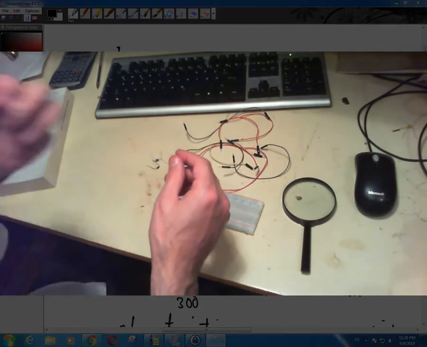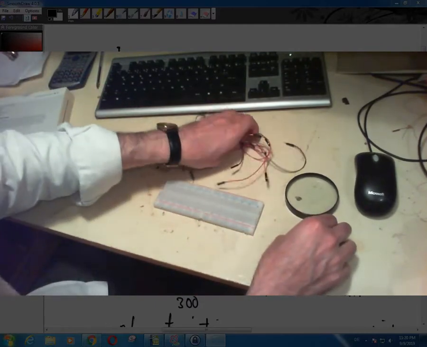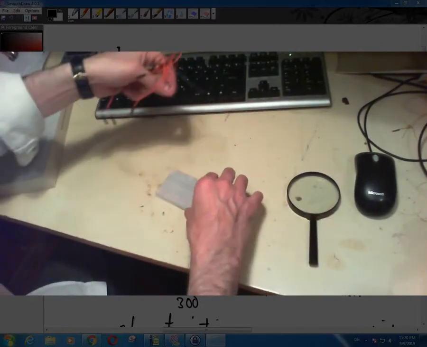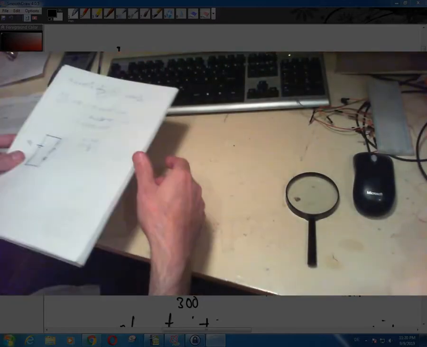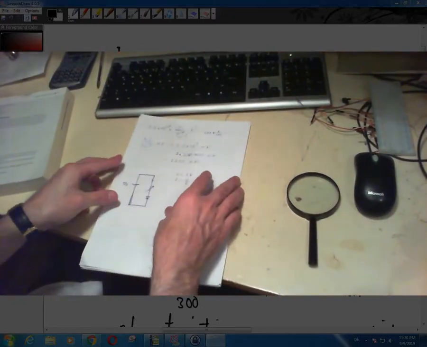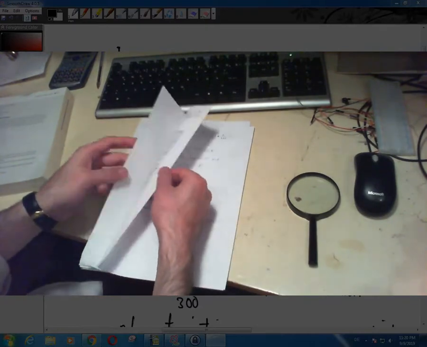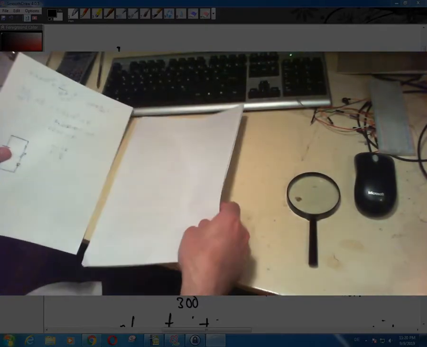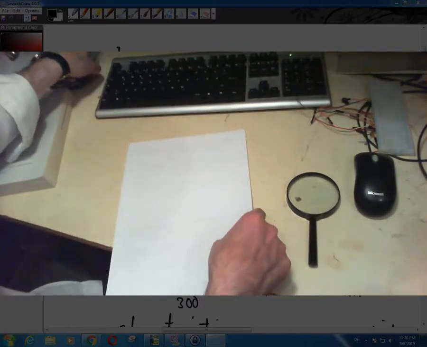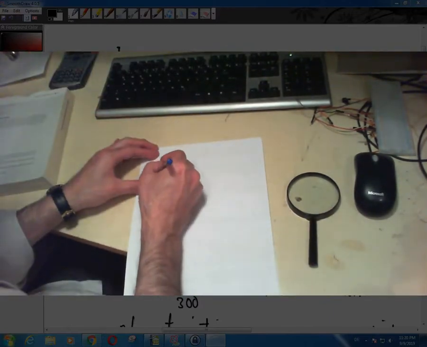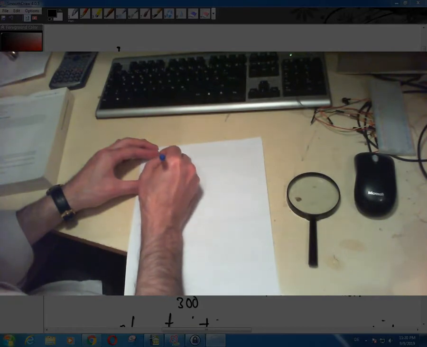So basically the circuit that you need to create is, as I mentioned before, a circuit like this. You need a power supply.